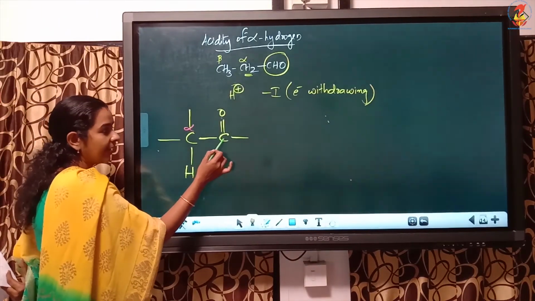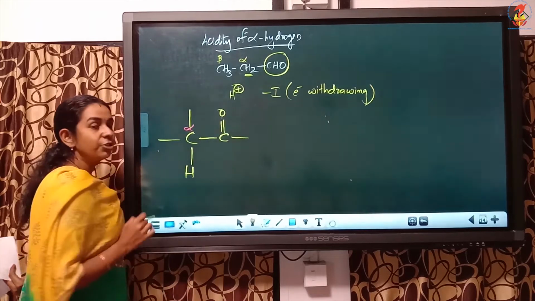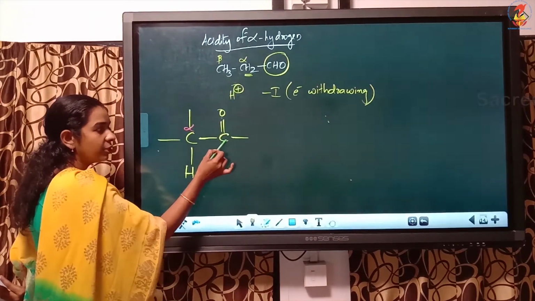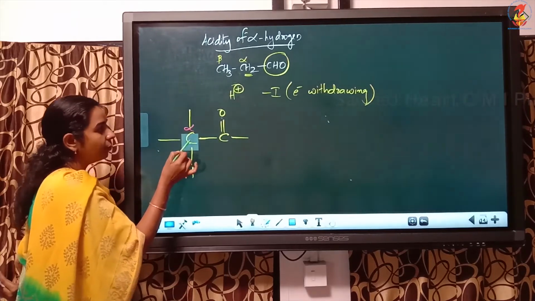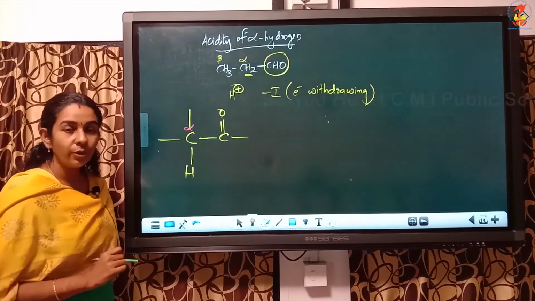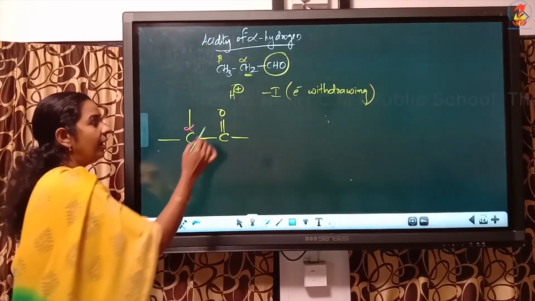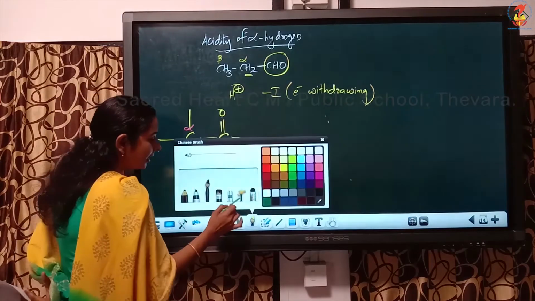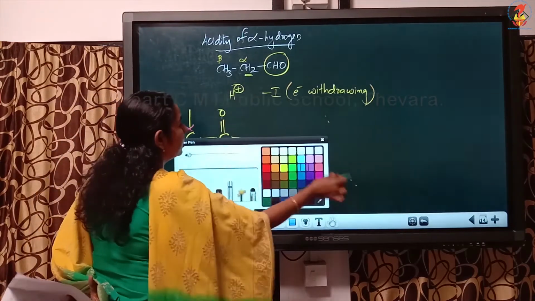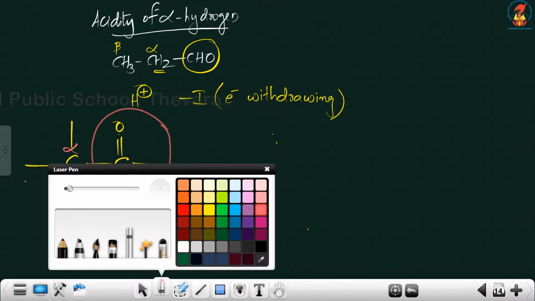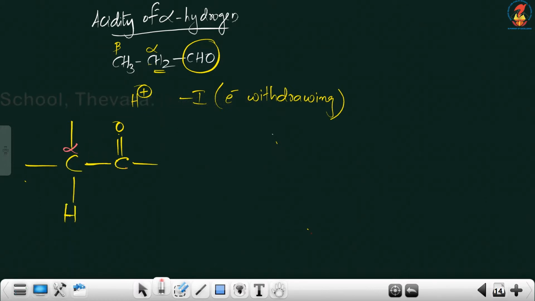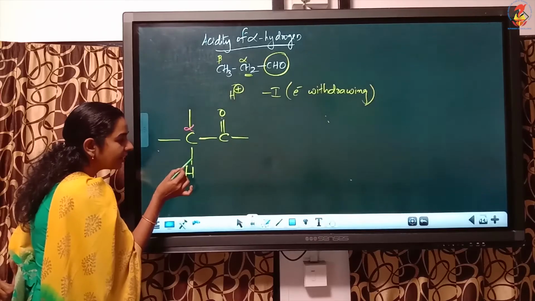So, remember once again, this is our functional group, general representation of an aldehyde or ketone, that is carbonyl group. Adjacent to that there is an alpha carbon. On alpha carbon there is one hydrogen called as alpha hydrogen. Now, due to the minus I effect of this carbonyl group, because it is electron withdrawing in nature, what happens here is, since this group is electron withdrawing, the C-H, there is one single bond here, isn't it?